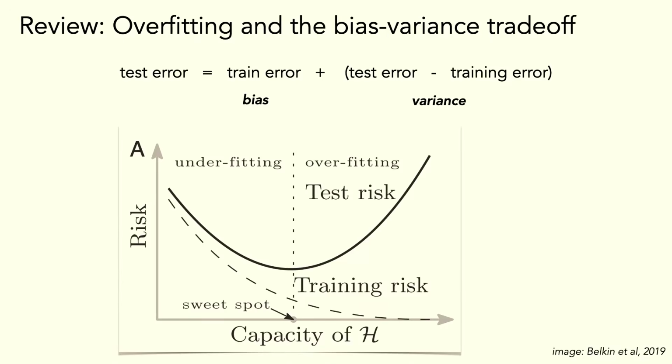And the classical machine learning 101 picture of how things work is that as I increase the capacity, the number of functions under consideration in my hypothesis space that I'm searching over, as I make bigger and bigger deep nets with more and more parameters, then eventually I'll get universal approximation. If width goes to infinity, I can fit any function. So I can minimize my loss on the training error.